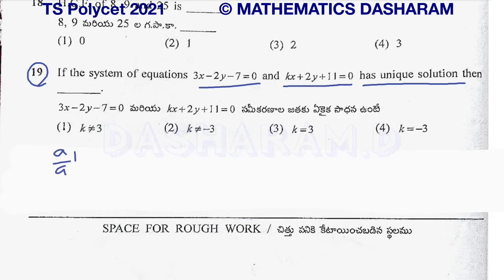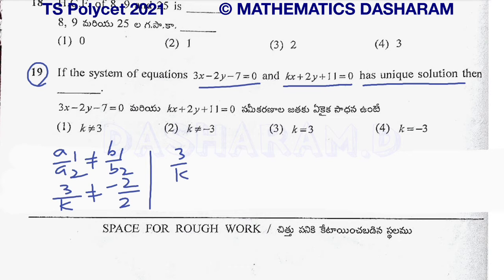So a1 by a2 is not equal to b1 by b2 is the condition for a unique solution. Here a1 means x coefficient, that is 3. a2 means x coefficient, that is k, is not equal to b1, the y coefficient, minus 2, b2, the y coefficient, is 2. So 3 divided by k is not equal to minus 2 by 2, which is minus 1.